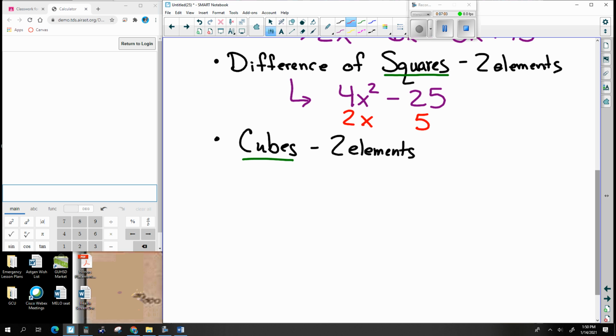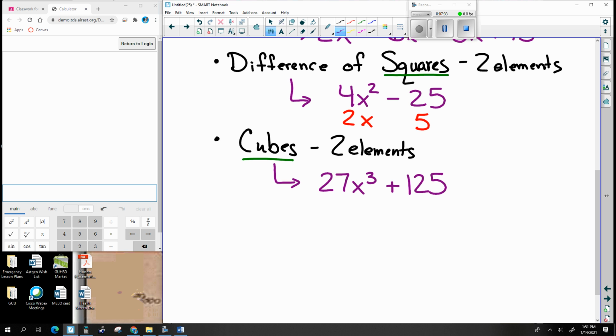Cubes are the same idea, but they have to be perfect cubes. If you take a look at the factoring sheet, there are cubes up there to help you identify some of these things. For instance, we could have 27x to the third plus 125. Notice you do not have to have a minus when it's cubes. Squares, you have to have a minus.